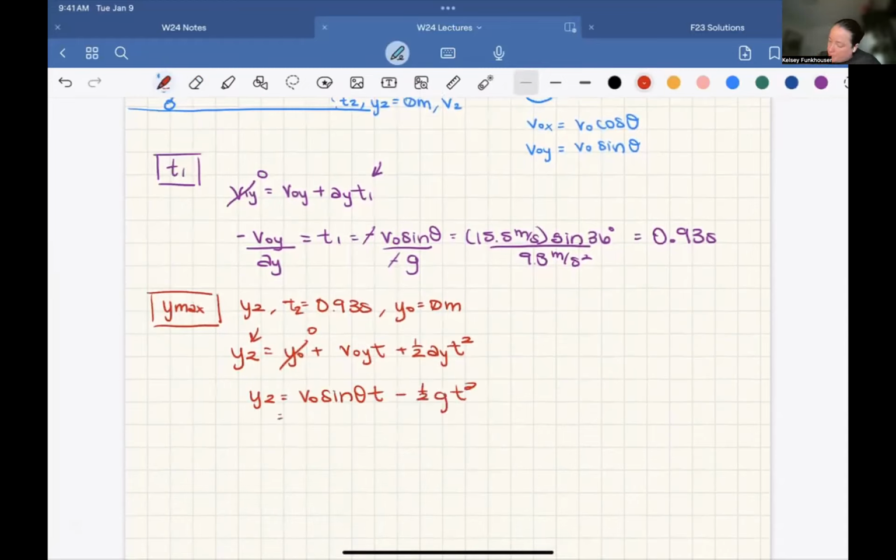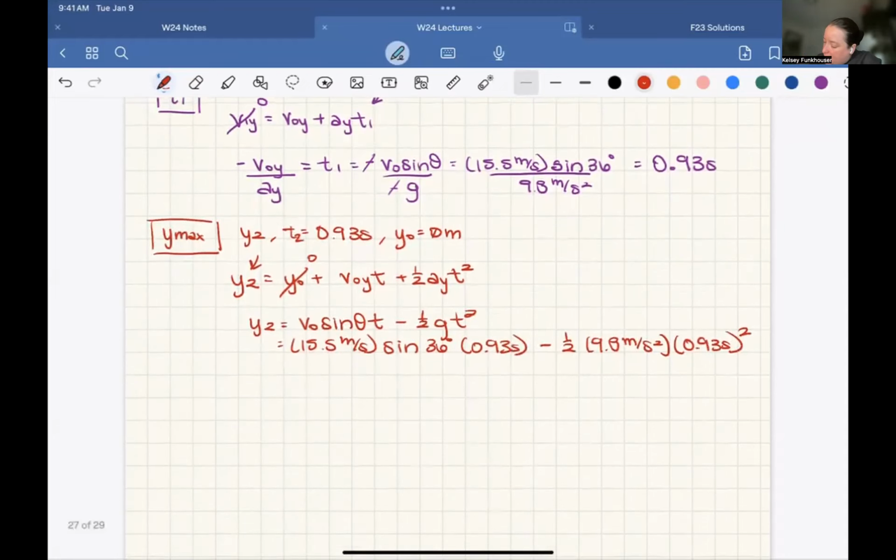You plug in our numbers: 15.5 meters per second times sine of 36 degrees times 0.93 seconds, minus 1/2 times 9.8 meters per second squared times 0.93 seconds squared.